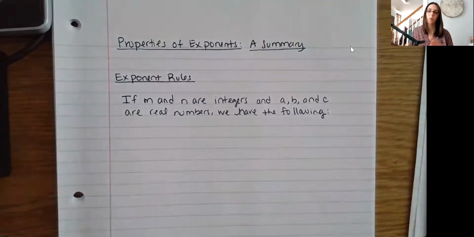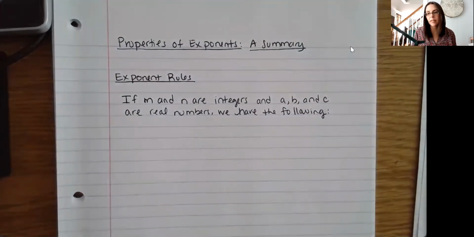Now, I will say as well, we're talking about m and n being integers for our exponents, but they actually don't have to be. These rules still work with fraction exponents and decimal exponents, which I think is pretty interesting. One fun side note is that a fractional exponent actually relates to a root.